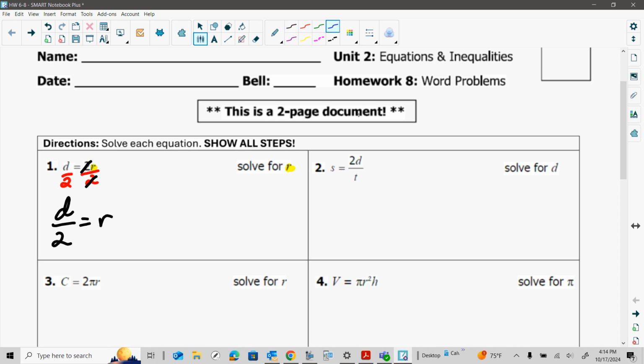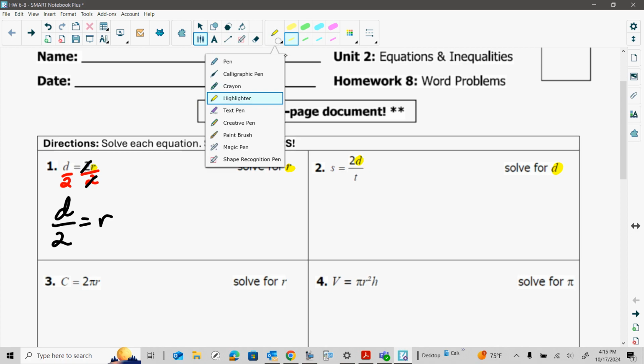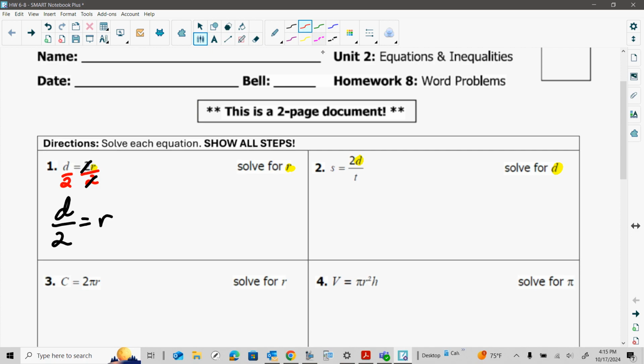Now, on a problem like number 2 here, because we're solving for d, and d is on top of the fraction here, a fraction is indicating division, because this equation reads s equals 2d divided by, this little line here showing division, by t. So we need to first undo the division by doing multiplication by the variable t on both sides.